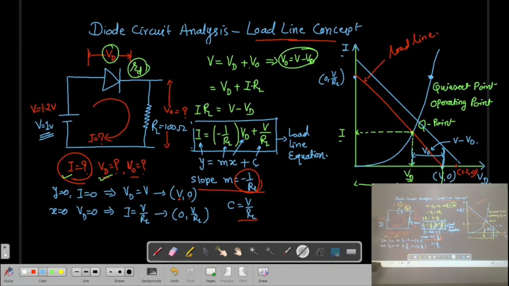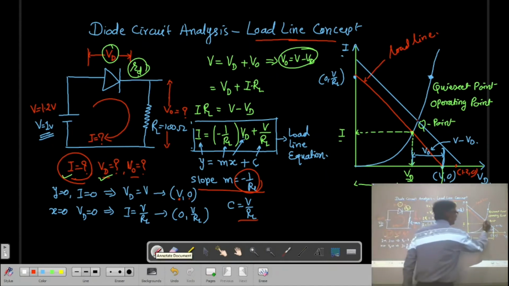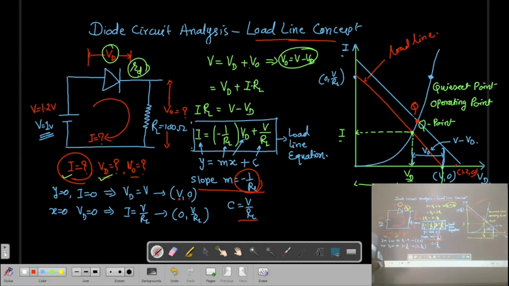In this new line, you can see the operating point is shifted here. This is the position of the Q point. Now the input voltage has increased, so naturally the current is increasing. In this case, the new current in the circuit will be this I dash. The Q point is shifted in the upward direction.